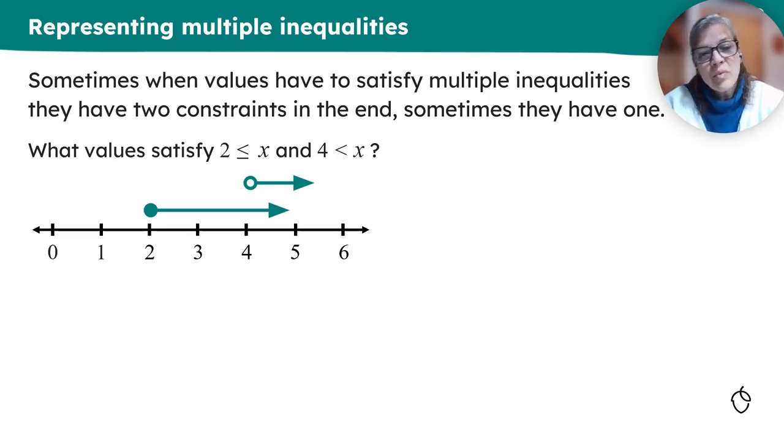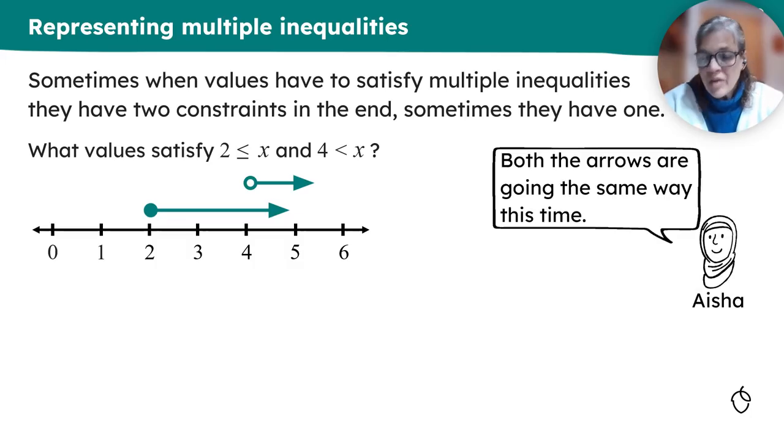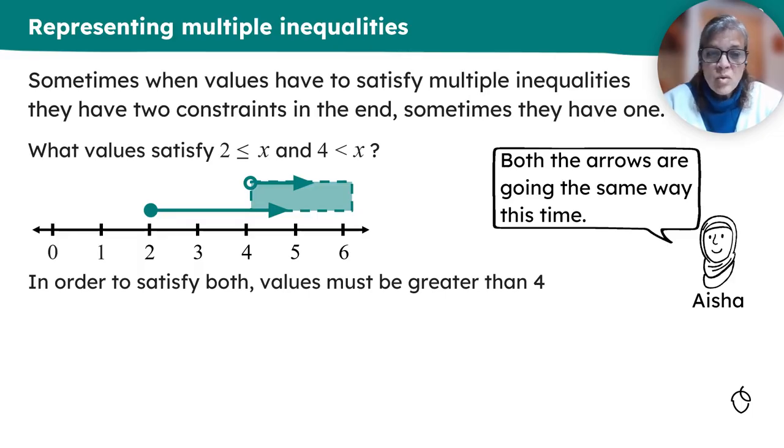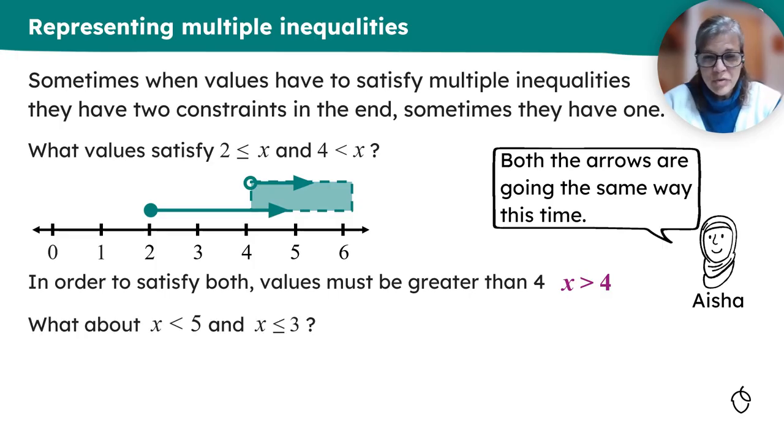So x has to be greater than or equal to 2 and x has to be greater than 4. Well, if it has to be both, the arrows are going the same way this time. The regions only start to overlap when you get greater than 4. So really, you only need that one constraint to represent both of these inequalities if they both have to be true.